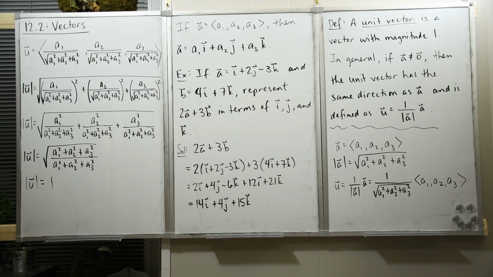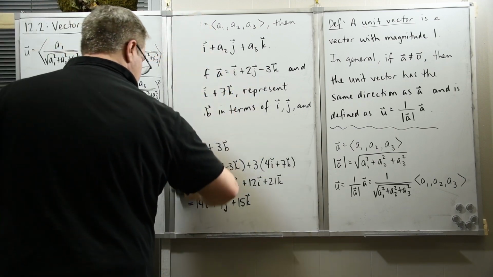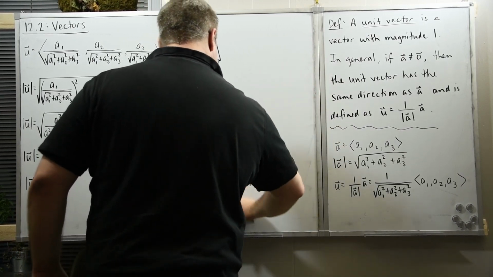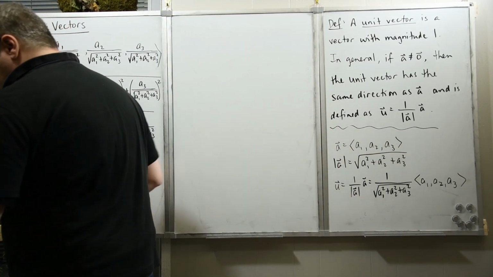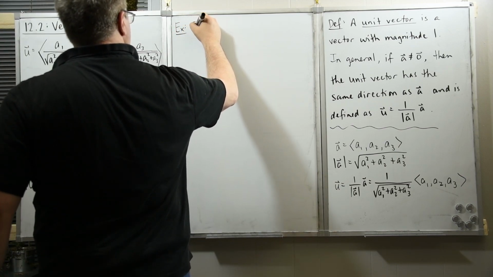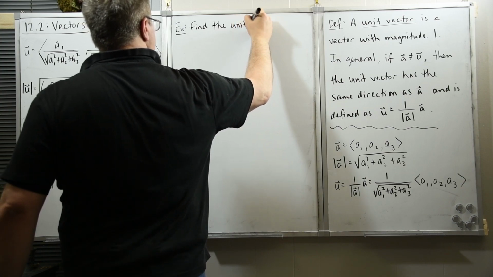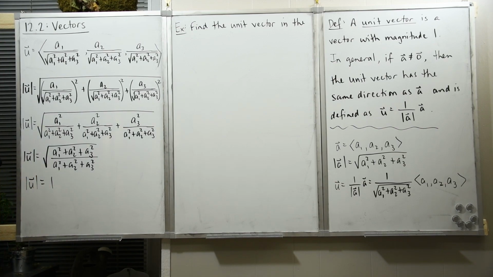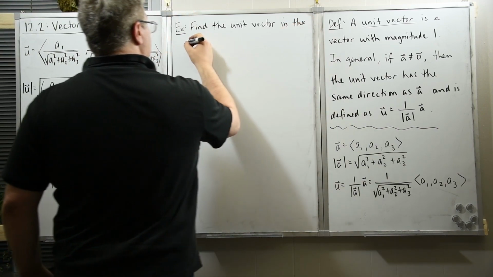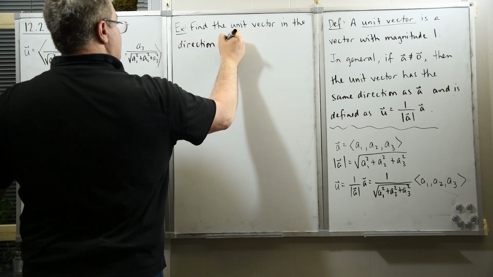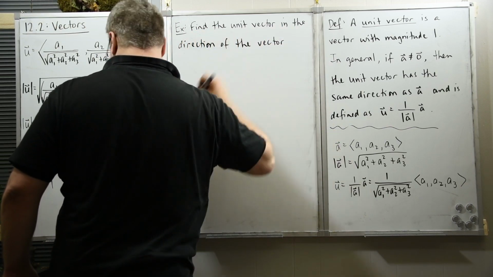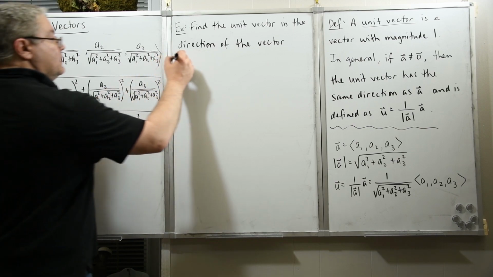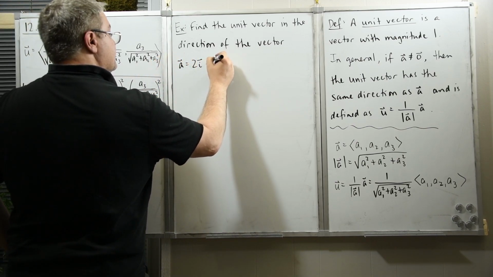So for our last example, let's take a look at finding the unit vector in the direction of the vector A equals 2i minus j minus 2k.